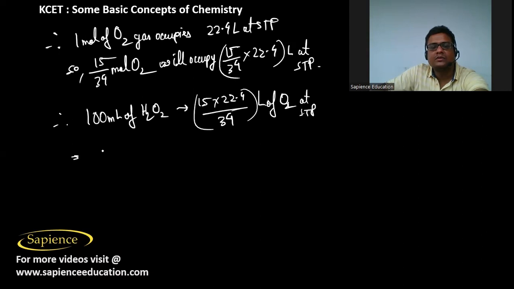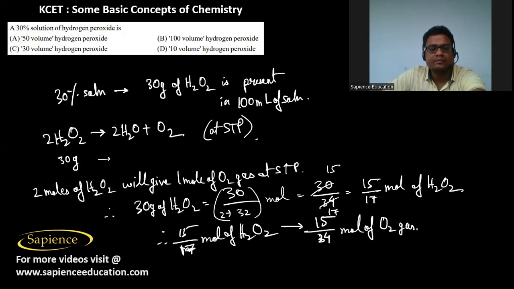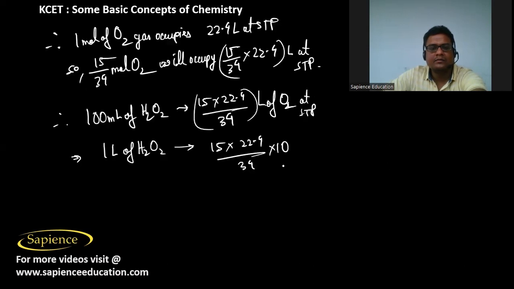So 1 liter of H2O2, how much will it give? 1 liter means 1000 ml, so it will give 15 into 22.4 by 34 into 10 liter of O2 at STP.